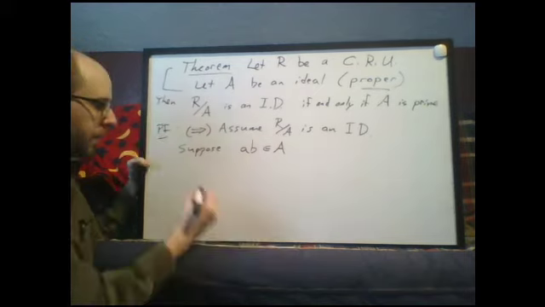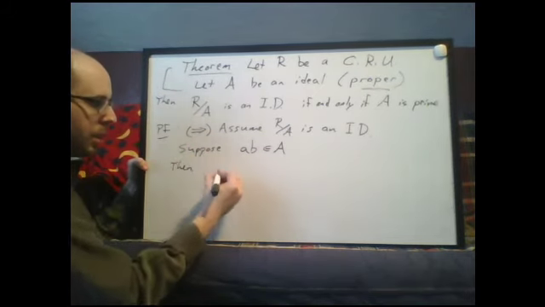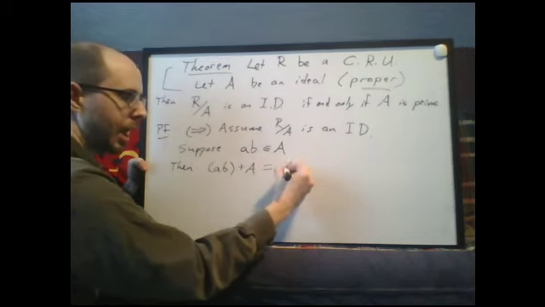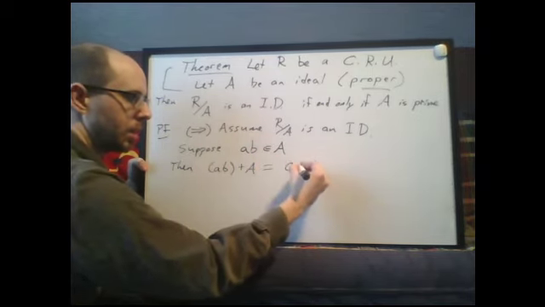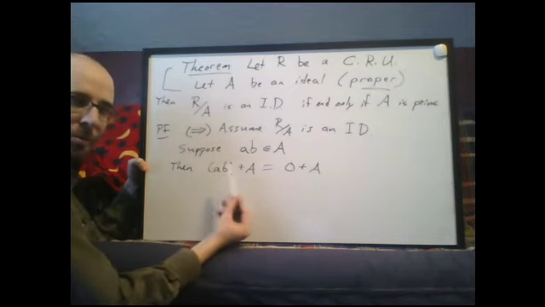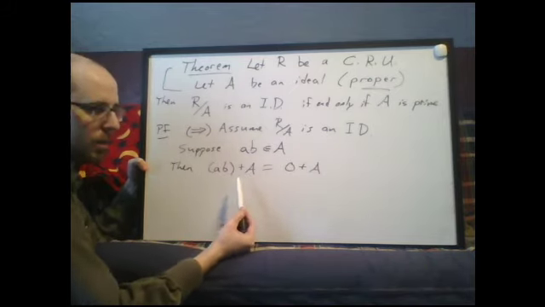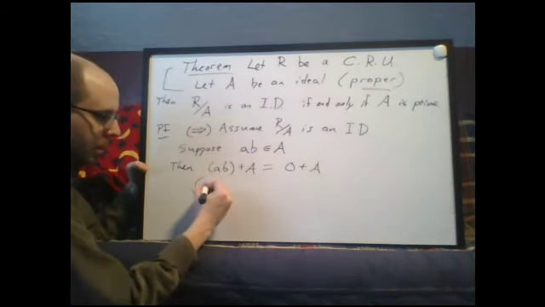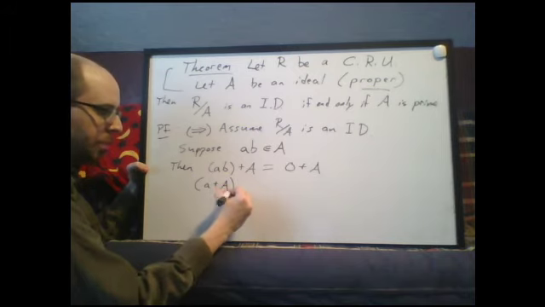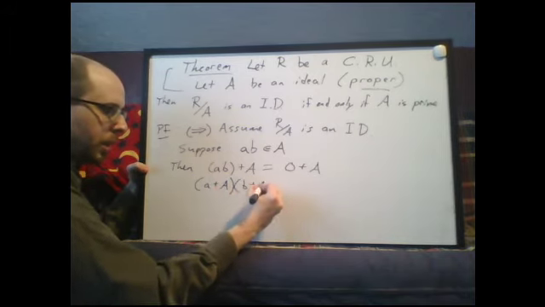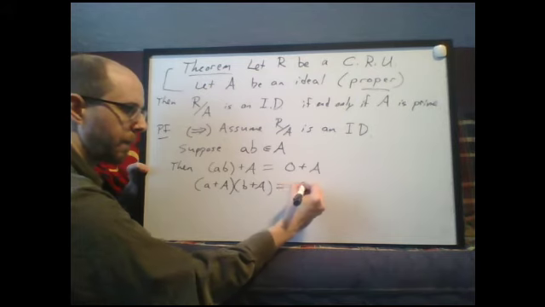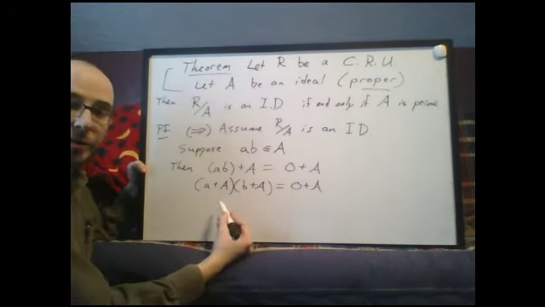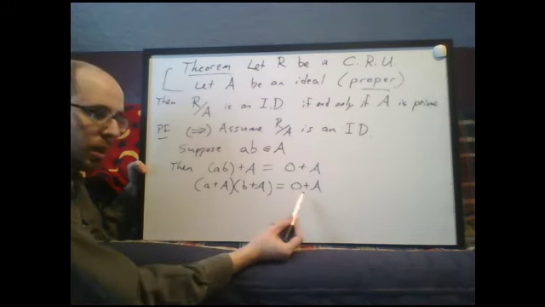All right. Then ab plus A is the same as 0 plus A. Because ab plus A, since ab is in A, it gets absorbed into A. But this is the same thing as little a plus capital A times little b plus capital A. So we've come up with a factorization of the 0 element.